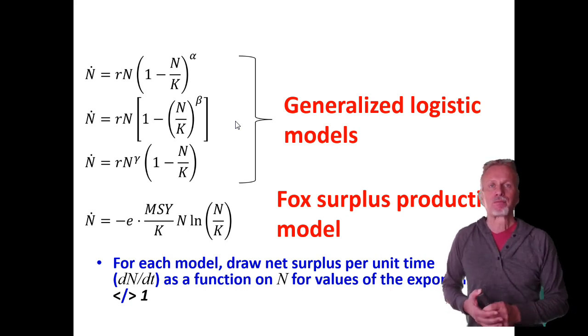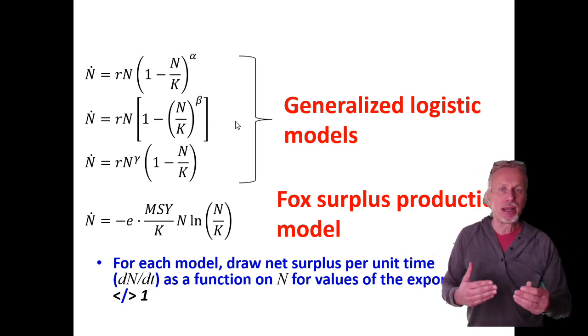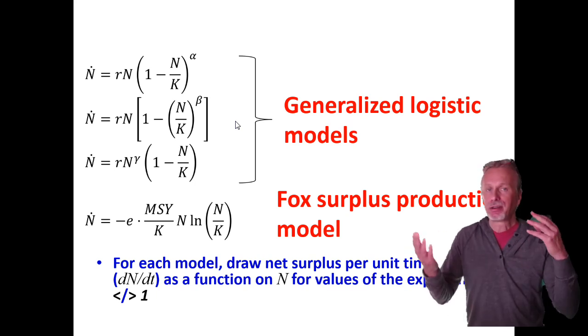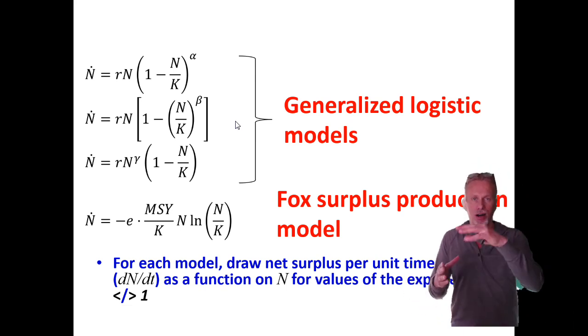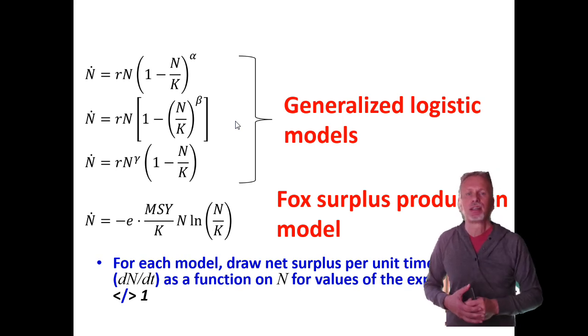What happens when alpha is larger or smaller than 1, when beta is larger or smaller than 1, and so on and so forth? You can see what the difference is in terms of the population growth rate, and also understand what the differences in dynamics are, how this is going to affect the dynamics.